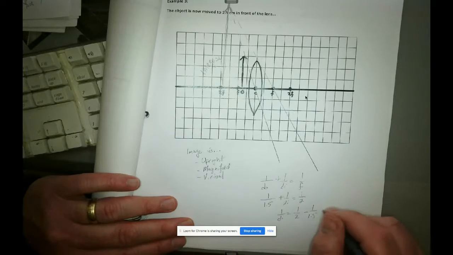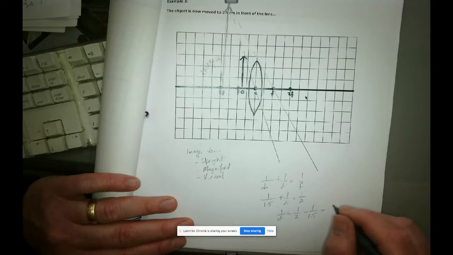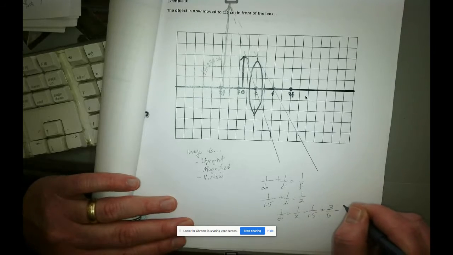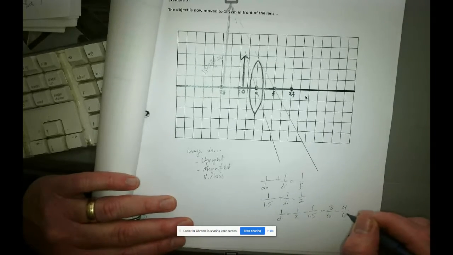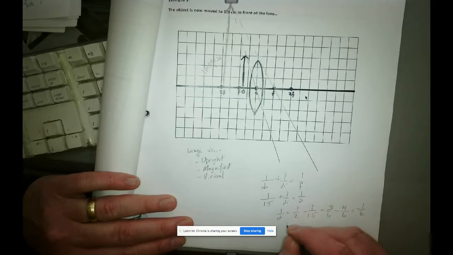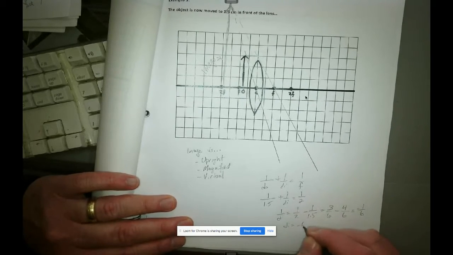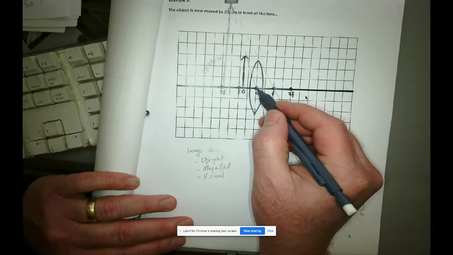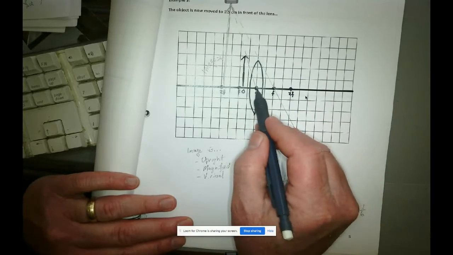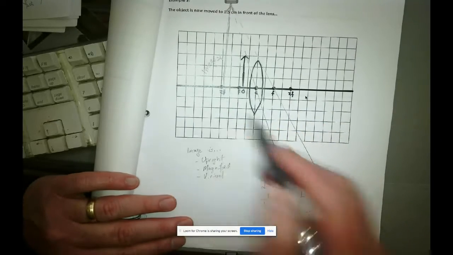I can use 6 for a common denominator again, and this is going to be 3/6 minus 4/6, which gives me negative 1/6. So then di is minus 6. Well, minus means going back the other way, so minus 6, 1, 2, 3, 4. This diagram is a little bit off, okay, but it is back this way.